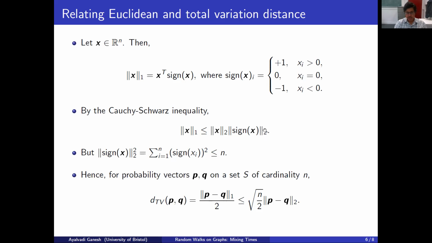The L2 norm of the sign of x gives us a square root of n. So it's square root n over 2 times the L2 norm of P minus Q, the Euclidean norm of P minus Q. So the total variation distance is bounded by a multiple of the Euclidean norm, and the multiple depends on the dimension. It grows like the square root of the dimension.